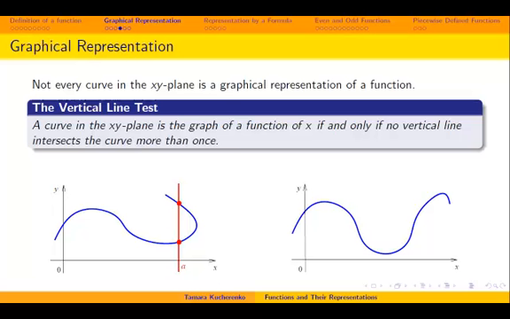In the second example, any vertical line intersects the curve only once. So each point on the x-axis has at most one corresponding value on the y-axis. This curve does represent a function.